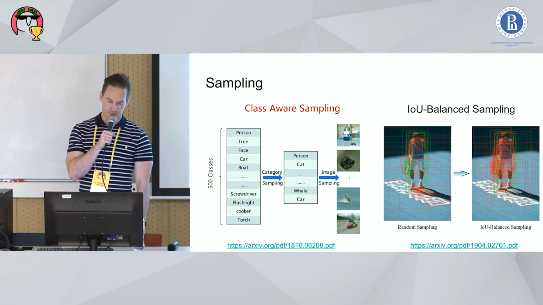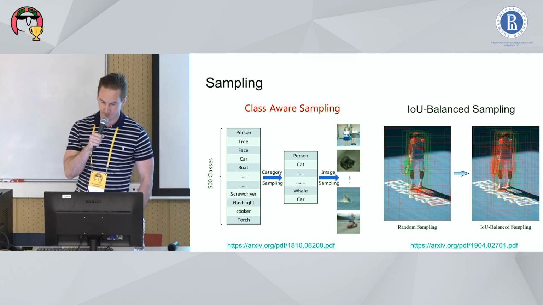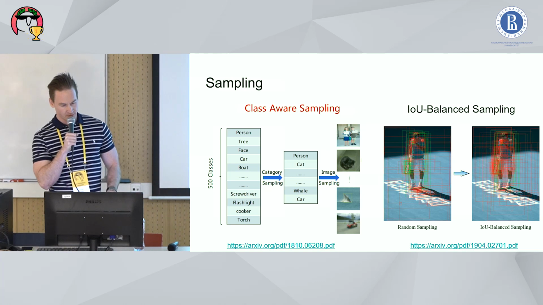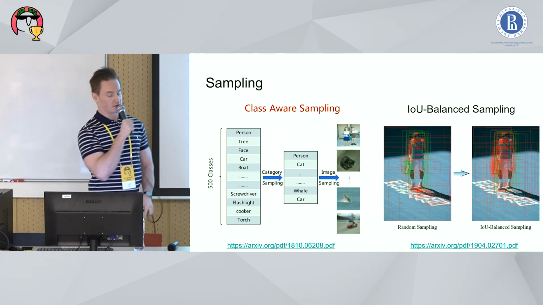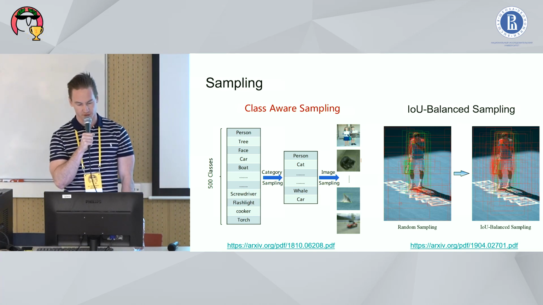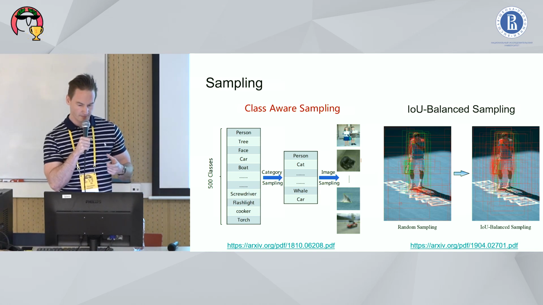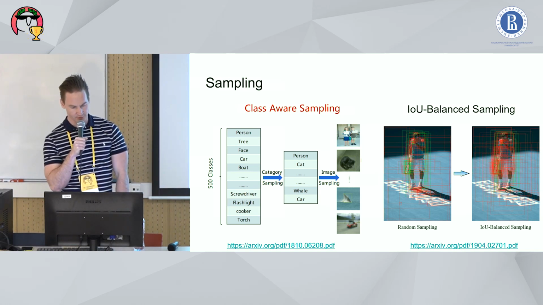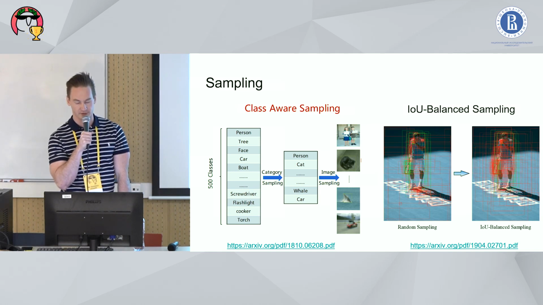In this approach, on the first step, you sample your first batch of samples in such a way that you have the full set of the classes. And then from this subset, you sample your batch in the normal way. So this allows you to feed your model with rare classes more frequently than the other classes.